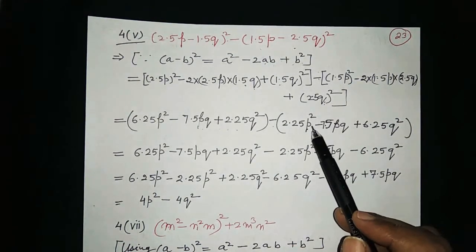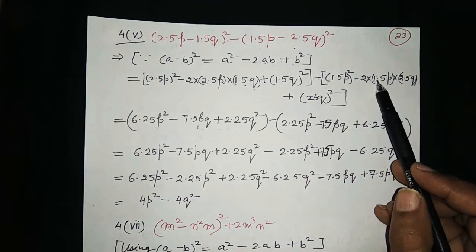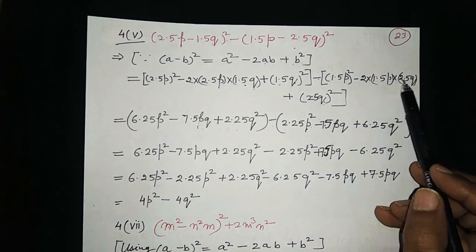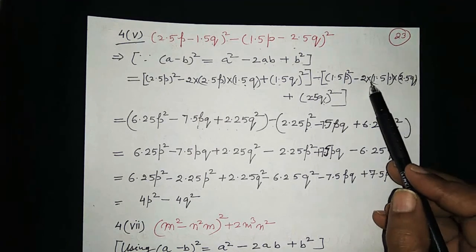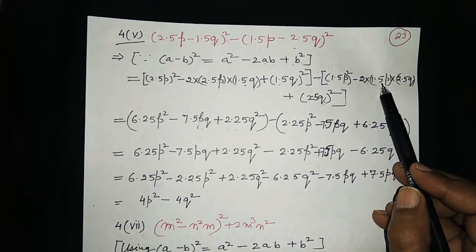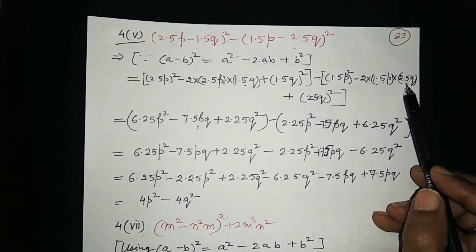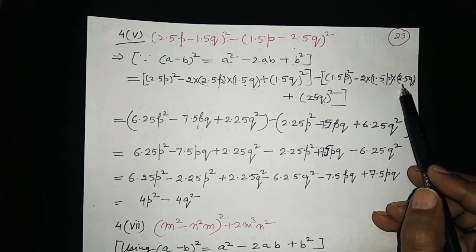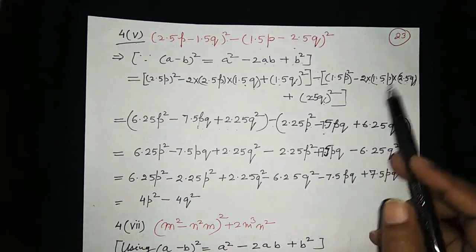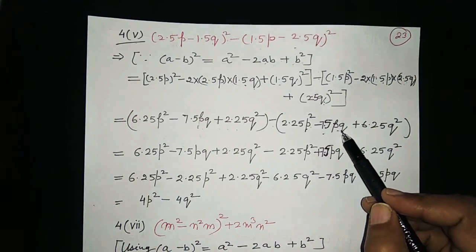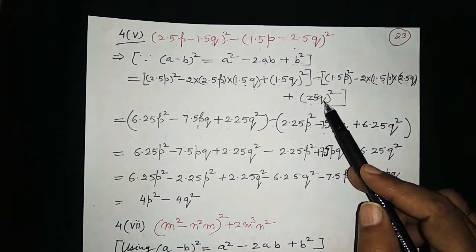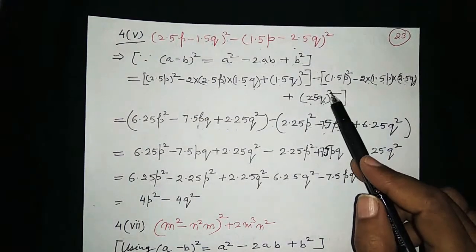Okay. Now 2 into 1.5 into 2.5 we will do. 2 into 1.5 what? 3. And 3 into 2.5 what? 7.5. And this pq we will write. Now here for 2.5q whole square, what we will write?